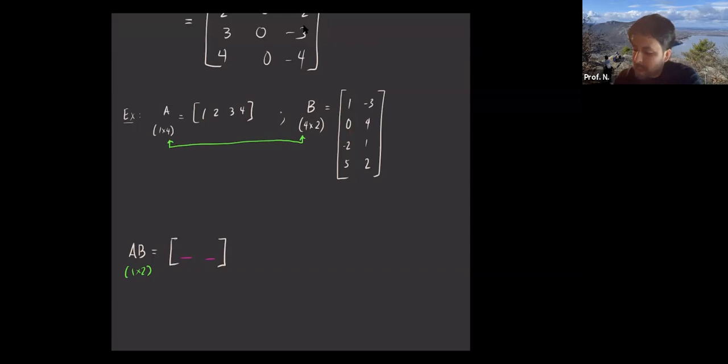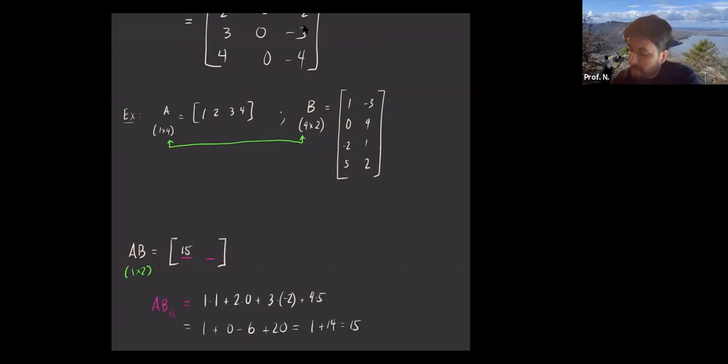So AB 1,1 would be 1 times 1 plus 2 times 0 plus 3 times -2 plus 4 times 5. This is 1 plus 0 minus 6 plus 20, which is 1 plus 14, which is 15. So the first entry here is 15.